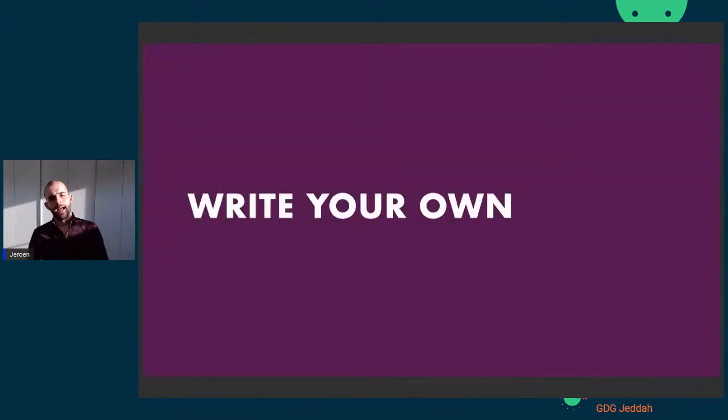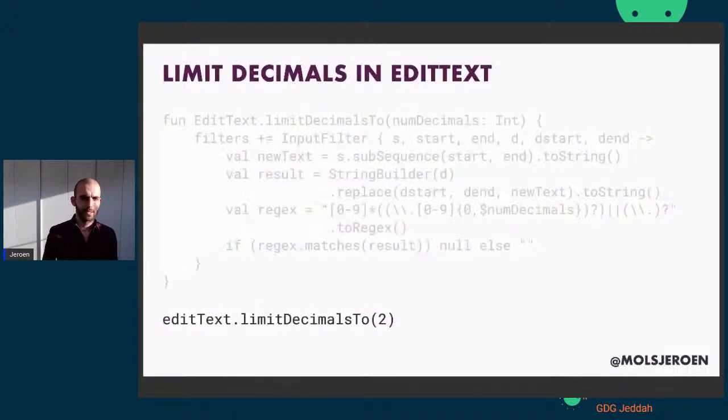Cool. But now that we have an idea of what kind of extension functions exist, I'm wondering, wouldn't it be possible for us to write our own? And yeah, surely we can do that. Before I worked at Plaid, I actually worked on a banking application. And when you're transferring money, money only has 2 decimal digits.